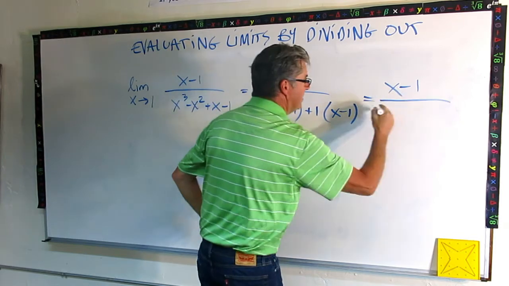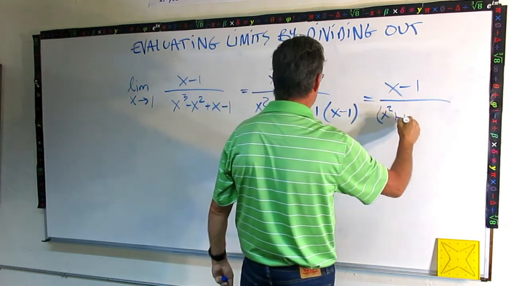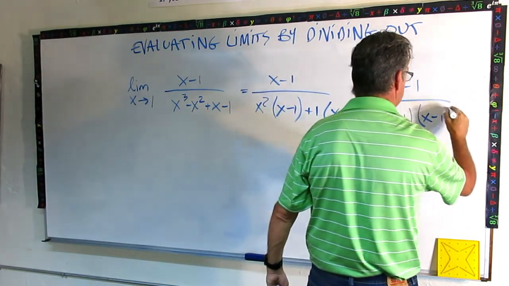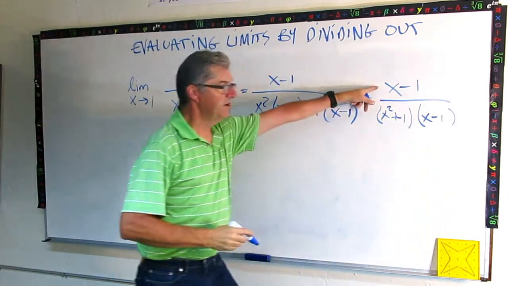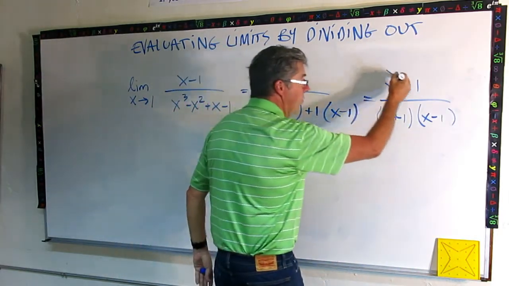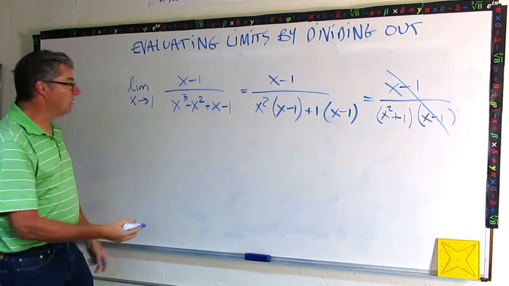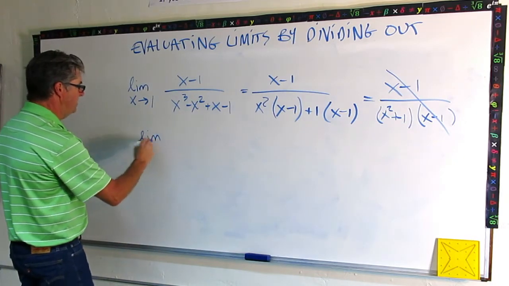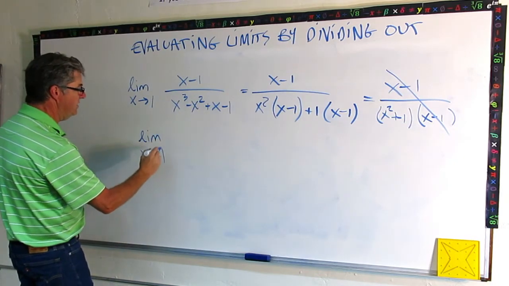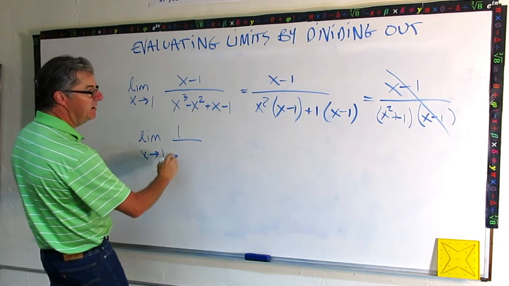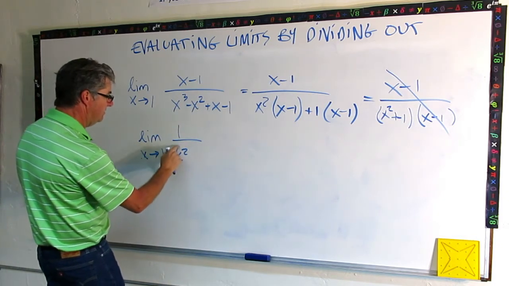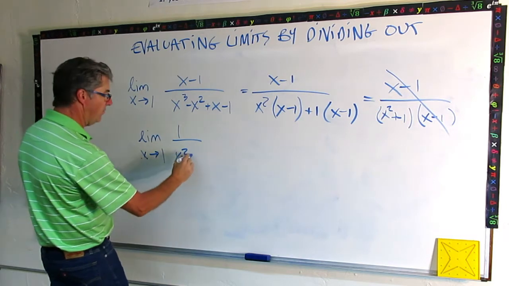So this is going to end up being x squared plus 1 times x minus 1 over x minus 1. Here I can cancel. And so now let's rewrite our limit. This is the limit as x goes to 1 of 1 over x squared plus 1.